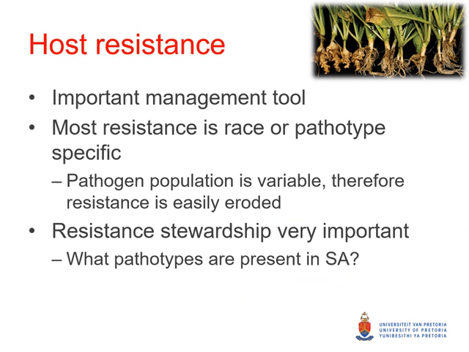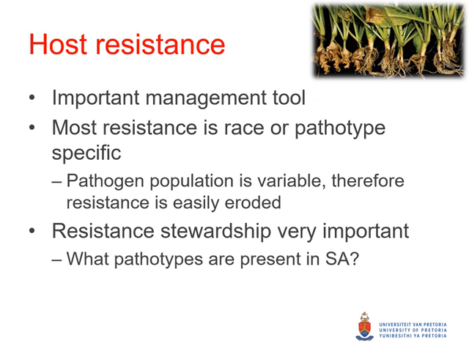So host resistance is obviously the most important management tool for clubroot, and the resistance of the host is usually race or pathogen pathotype specific, which means it's a gene for gene interaction, and the resistance is quite easily eroded or overcome by the pathogen. So it's an arms race. Man has to continually develop and breed new brassica varieties that are resistant to Plasmodiophora brassicae.